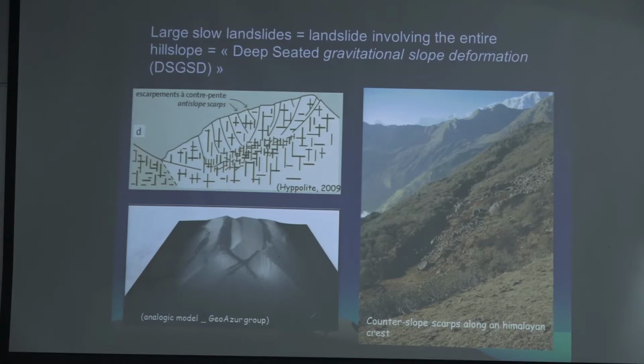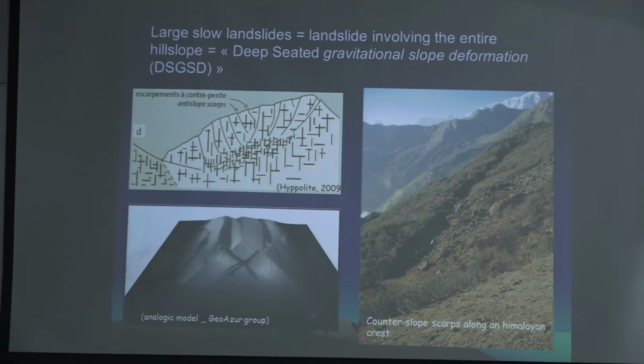So when there are very slow evolving rock slides or landslides, like the previous one, you can see in the literature the notion of what we call deep-seated gravitational slope deformation, or DSGSD.